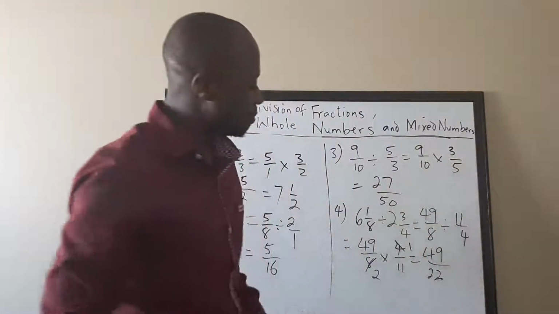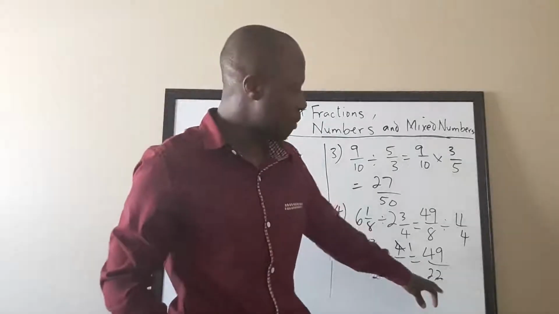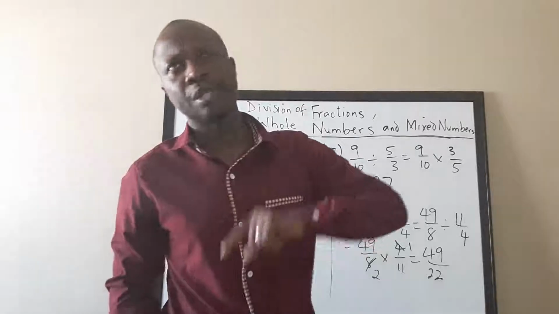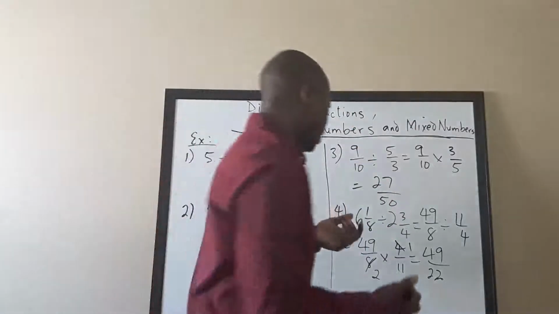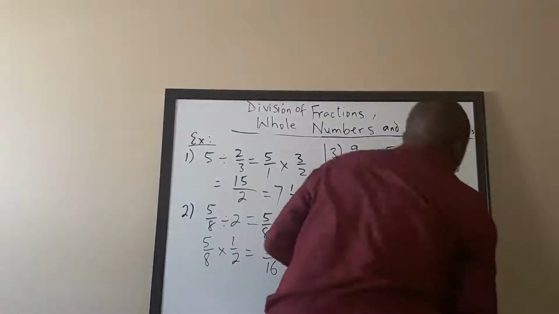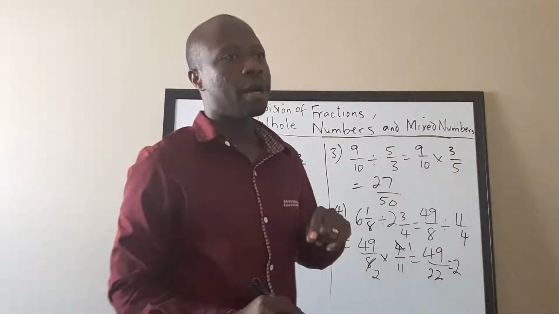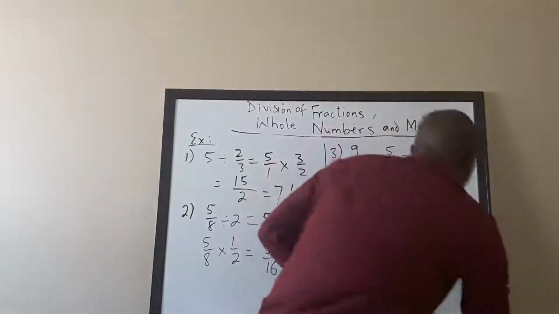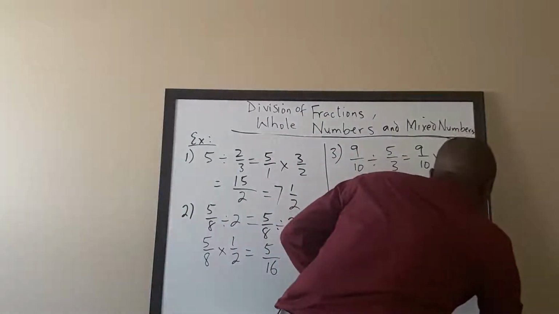But now I have to convert this to a mixed number. 22 goes into 49 twice, because 22 times 2 is 44. So I'm going to remove 44 from 49, and I'm going to have 5 left. So 2 and 5 over 22.